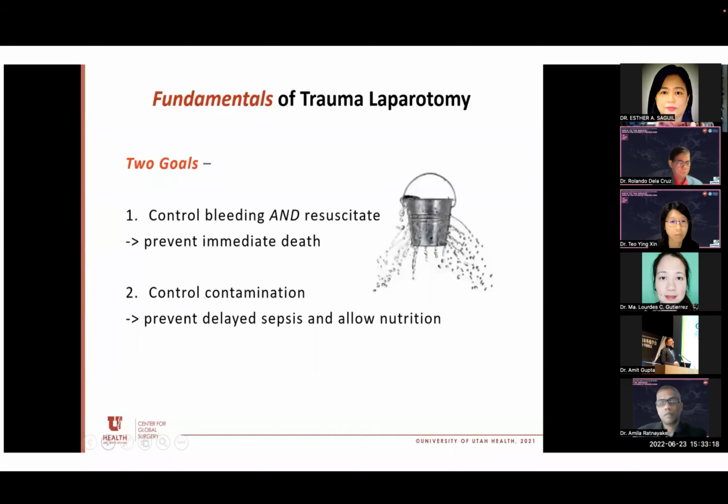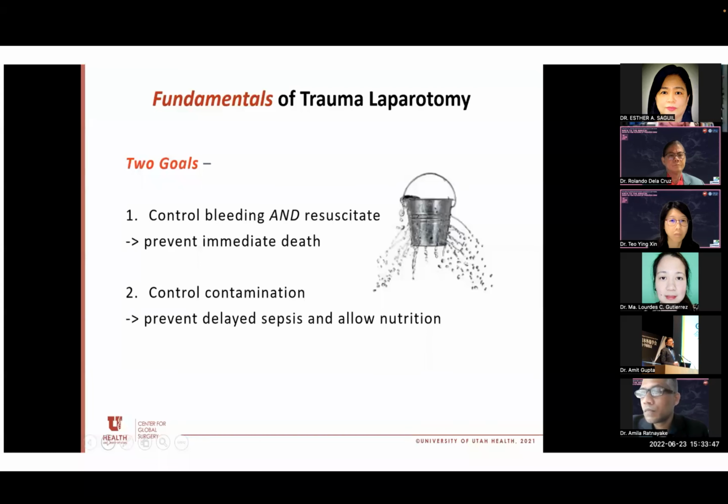I often think of a bucket with many different holes as a good example of what a trauma patient who's been injured is going through. So our goal as a surgical team is to control all of these potential sources of bleeding and ensure that the bucket is being filled up, in our patient's case, with blood.